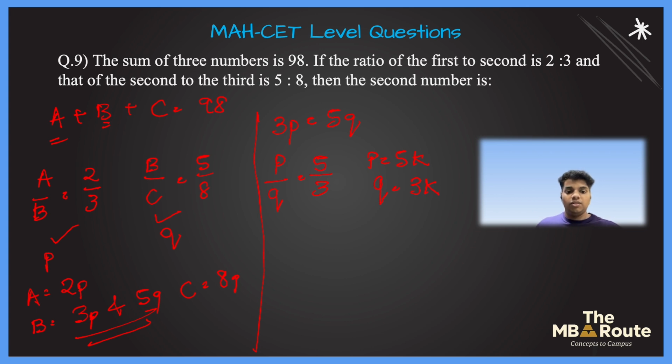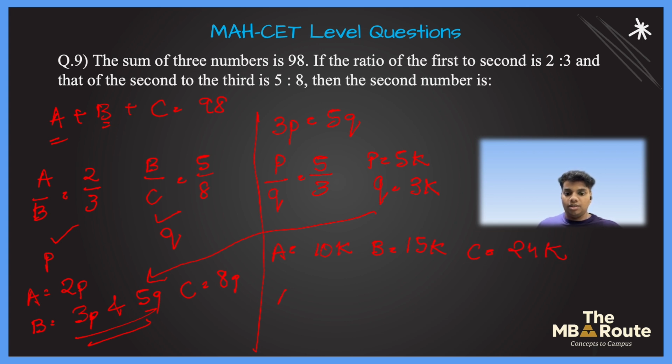Okay, we have this value, just substitute it here and we would get A is equal to 10K, B is equal to 15K, and C is equal to 24K.